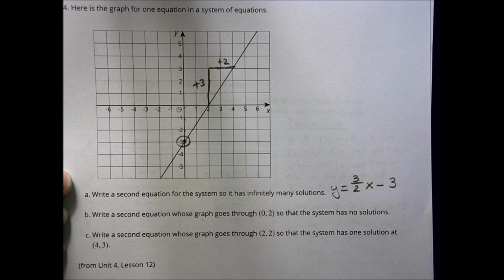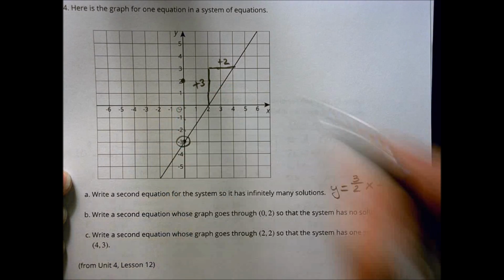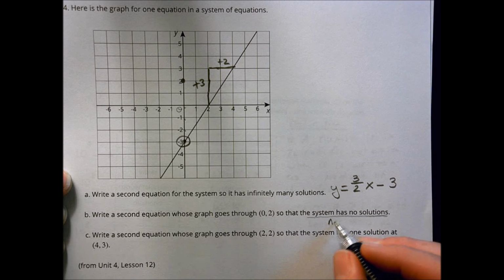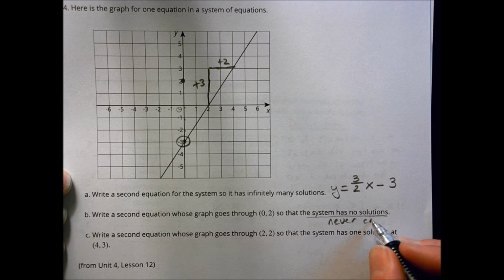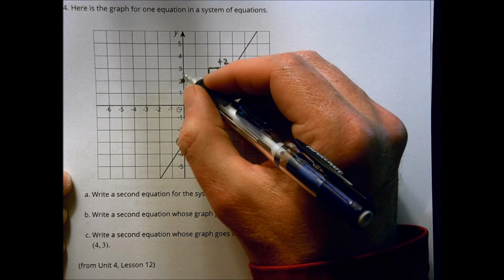Write a second equation whose graph goes through 0, 2, so the system has no solutions. What that means is the lines never cross, they never intersect. So we're going to keep the same slope, 1, 2, 3, up 3 and over 2.